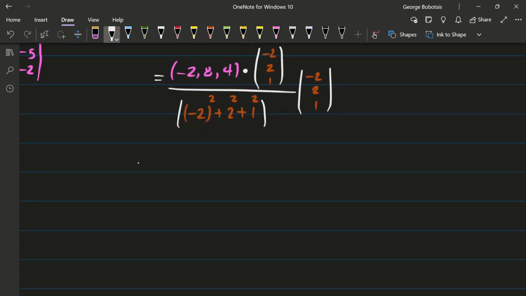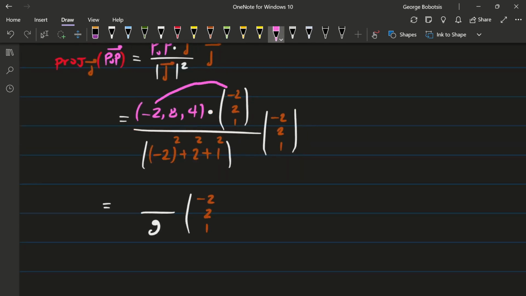And then you evaluate. The magnitude squared here is 4 plus 4 plus 1. That's 9. The vector at the front stays the same. Negative 2, 2, and 1. And as for the dot product, negative 2 times negative 2 is 4. 8 times 2 is 16. 4 times 1 is 4.